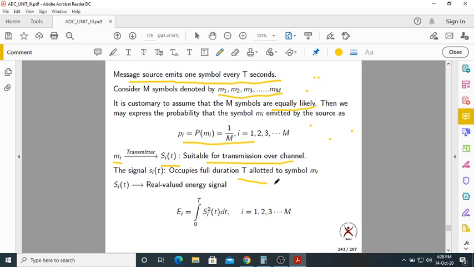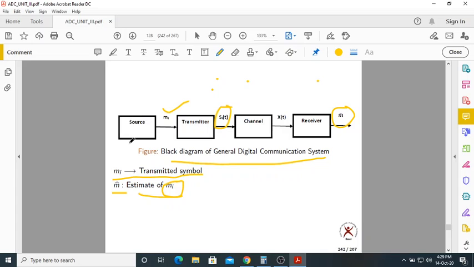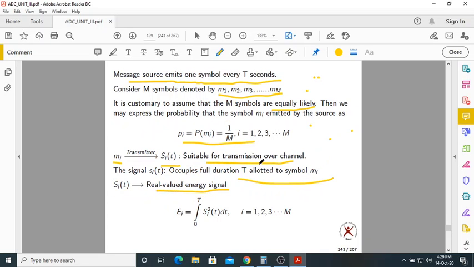The signal Si(t) occupies the full duration of time T allotted to symbol Mi. So it is an energy signal, please remember. The simple logic is that from the source we get a symbol, and the transmitter modifies that symbol Mi to Si(t). Si(t) is an energy signal because anything that is time bounded is an energy signal. Why is it time bounded?